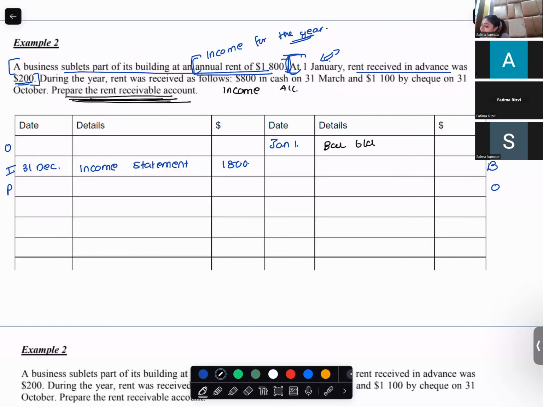Read ahead, Fatima. During the year, rent was received as follows: 800 in cash, that's in the credit column, and 1,000 by check on 31st October. What dates will you write? 31st March and 31st October.